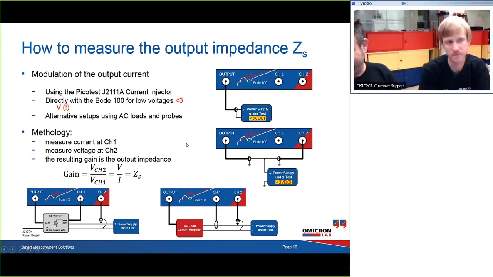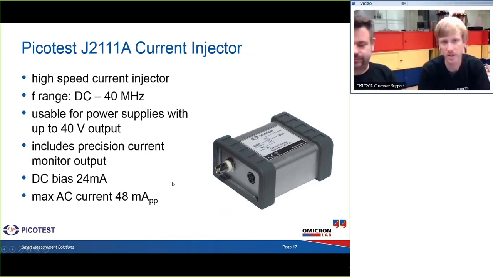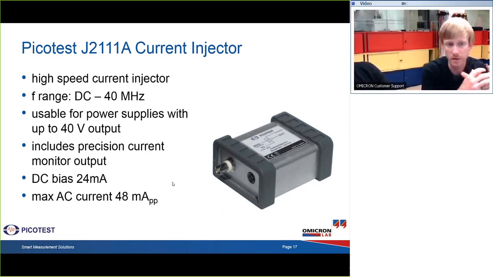Okay. So again, some details about the 2111. The frequency range is from DC to 40 megahertz. That's the very nice thing about the Picotest current injector, that it goes up to 40 megahertz. And you can also do small signal step load testing with the 2111A, because it has a very low rise time, 20 nanoseconds, I think. Sharp edges.